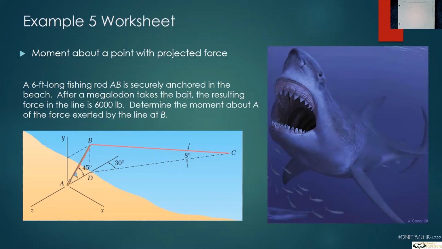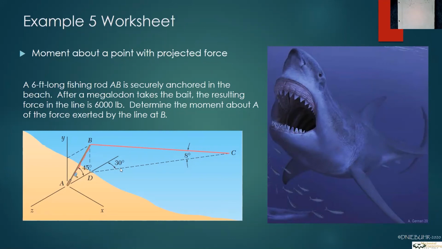So you notice that in this one, because we have the two angles, we're going to have to first figure out what is BC in IJK components. So here we have our 30 degrees ends up being our phi, and the 8 degrees ends up being our theta by our past convention. And the 45 degrees is what we're going to use to determine our A relative to B vector. So go ahead, now that you know that, I would first start by finding tension BC in IJK components.